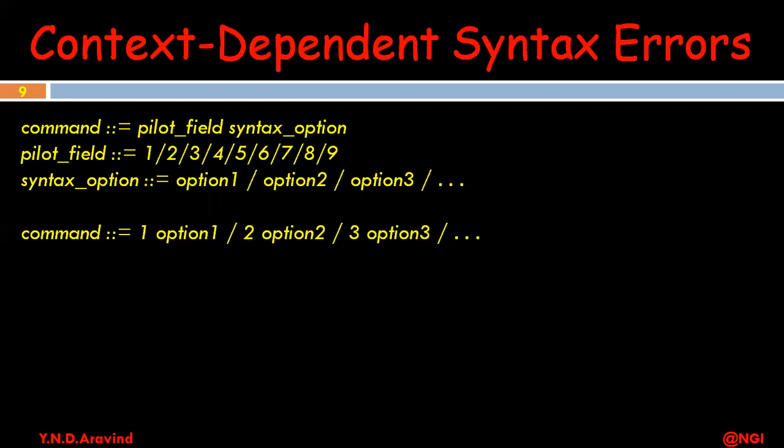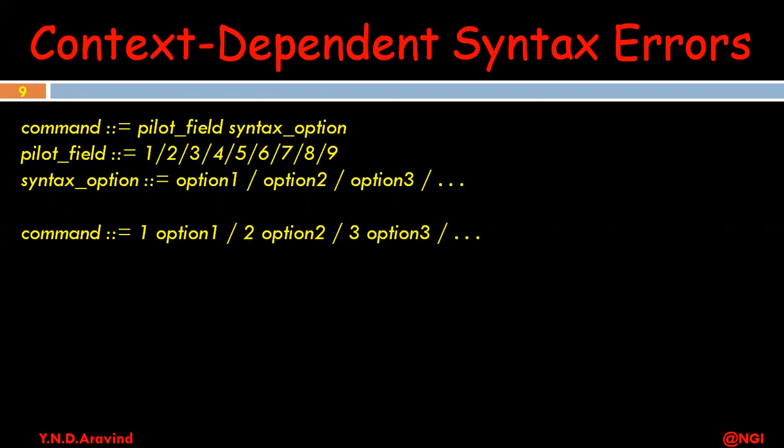On the monitor, you can see one example. The command := pilot_field syntax_of_option, where the pilot field can hold the values 1 to 9, that is the numeric values, and the syntax option is option 1 or option 2 or option 3.